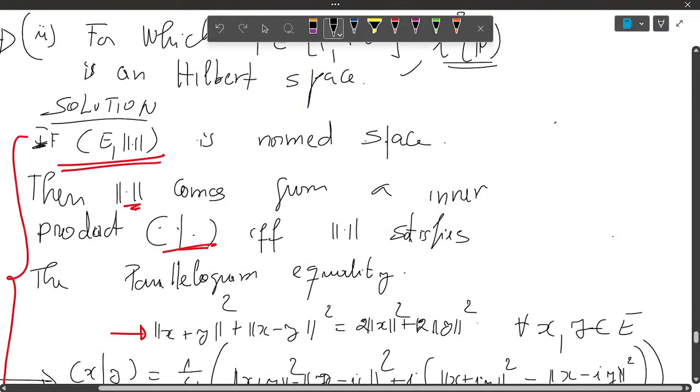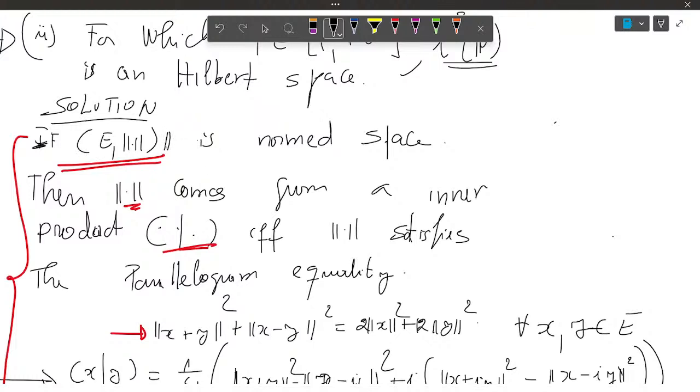There is a theorem that says that if you have a normed space like this one, then the norm of this normed space comes from an inner product if and only if this norm satisfies the so-called parallelogram equality.